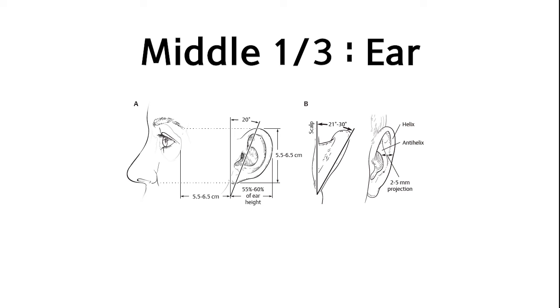Width is 55% to 60% of the height. The anterolateral aspect of the helix protrudes 21 to 30 degrees. It might be 1.5 to 2 cm from the scalp. The helix should project 2 to 5 mm more laterally than the antihelix in frontal view.